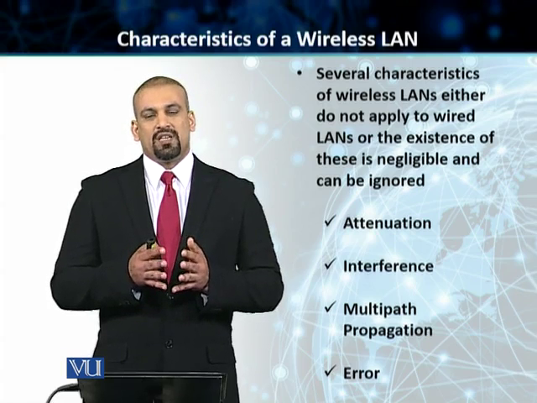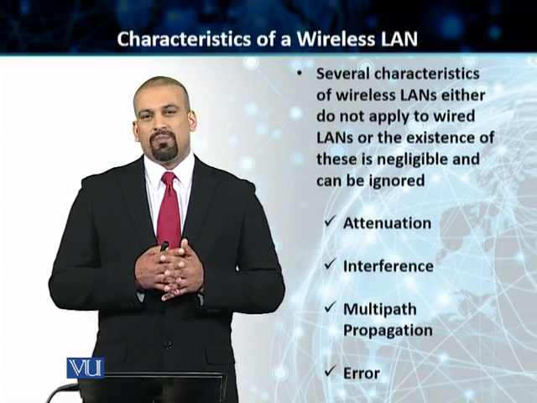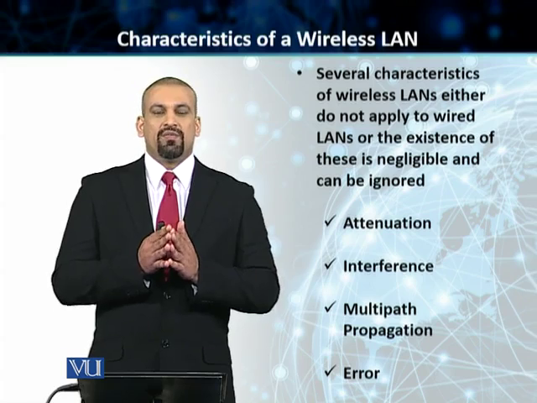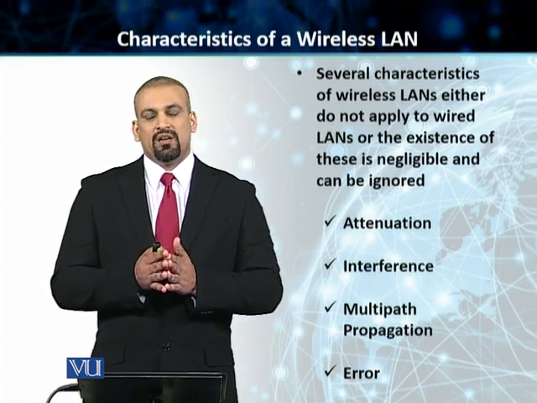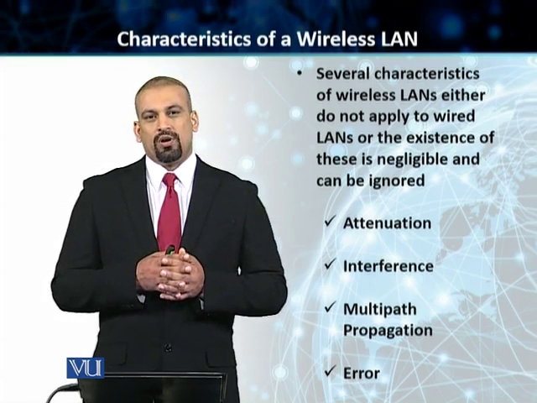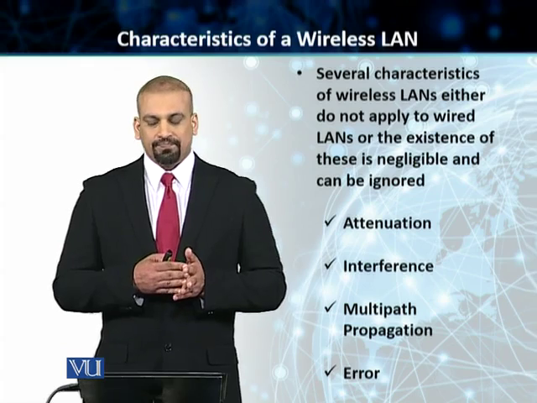Interference is the interference of all the other signals being transmitted around you with the signal that you actually want to receive from your intended sender. So the interference between these signals causes your electromagnetic signal to be degraded as well.